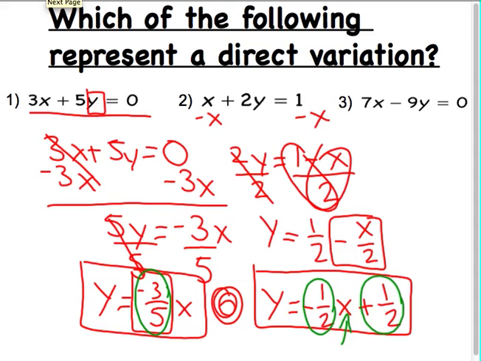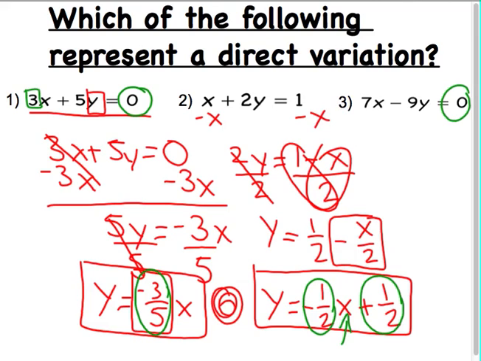The answer to 3 is that it is a direct variation. We can talk about this more later, but just notice the C value in standard form equals 0, and the fact that it is a direct variation. I think that always works out that way, right? Yes, and then the pattern too is if you look at the a for the first one, it's negative 3 over 5.